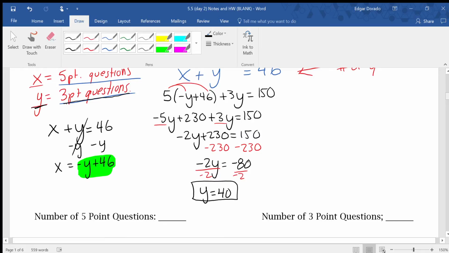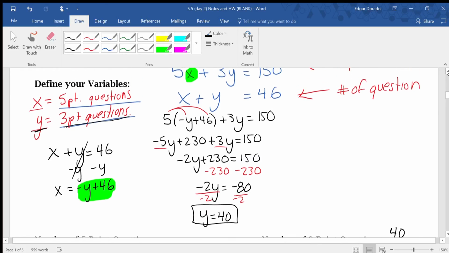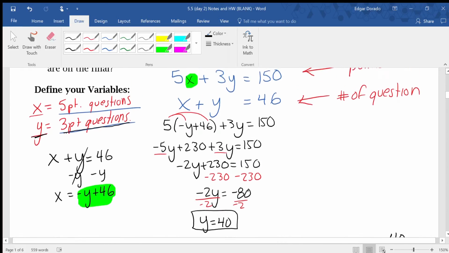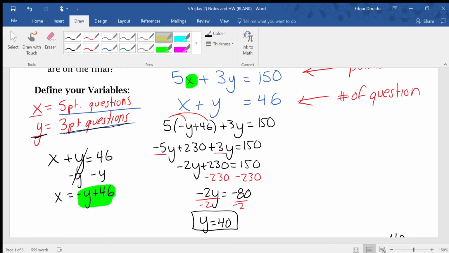So 40 3-point questions. Now let's go ahead and find out how many 5-point questions there would be. So all I have to do is substitute that back into one of my equations. Obviously, you guys can see here that this is the easier of the two equations, so I would suggest substituting it in there. So I would get x plus 40 equals 46.